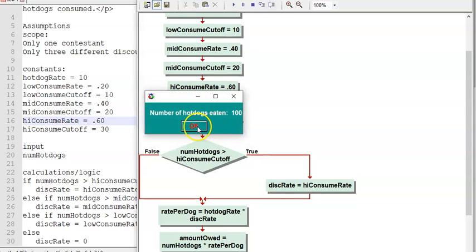They've eaten 100 hot dogs. We charge them $6 each, and we go, wait a minute, that's not right. They get 60% off, and 60% is $6. So it's just showing me here how much I should have taken off the 10, not how much the actual hot dog costs. So in this case, we'd be overcharging the person by $200 if they ate 100 hot dogs.